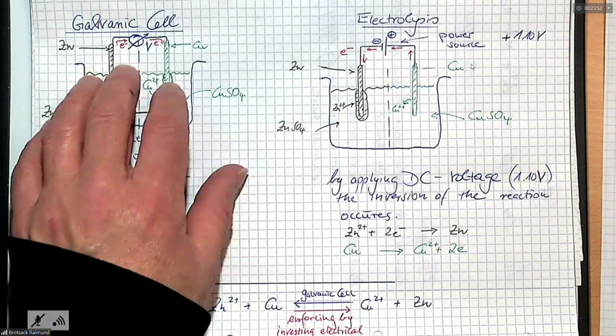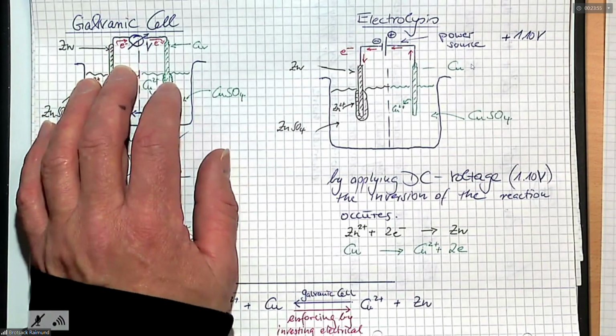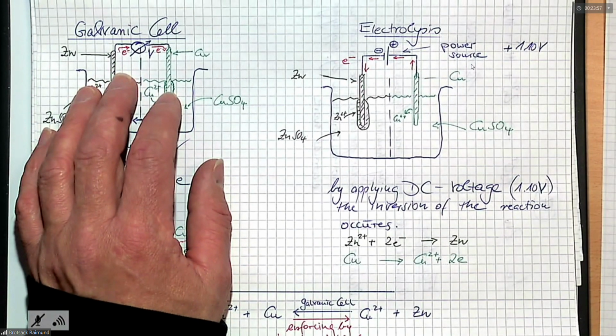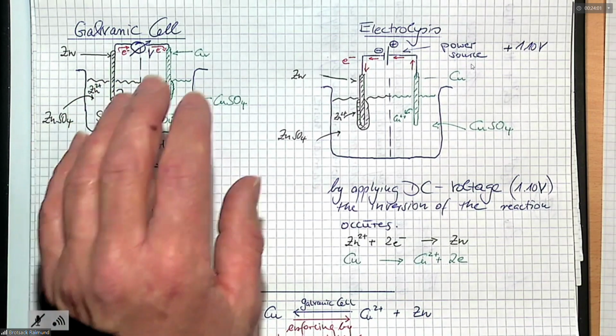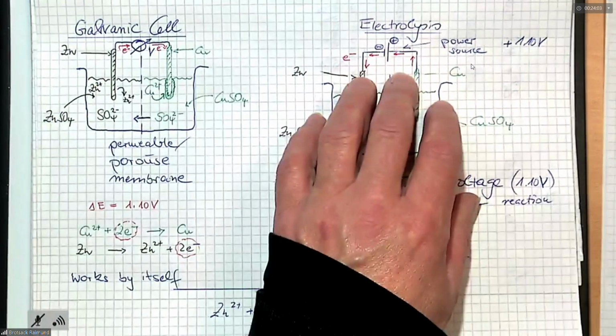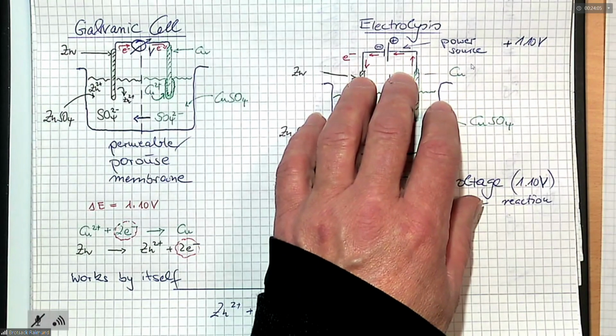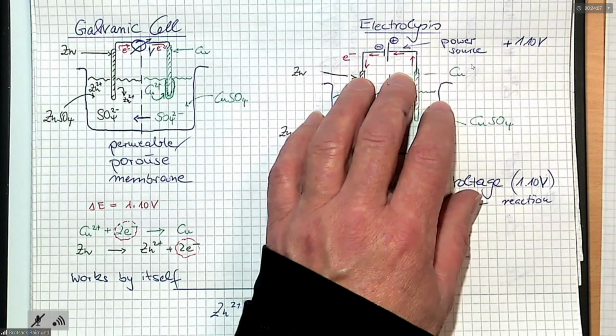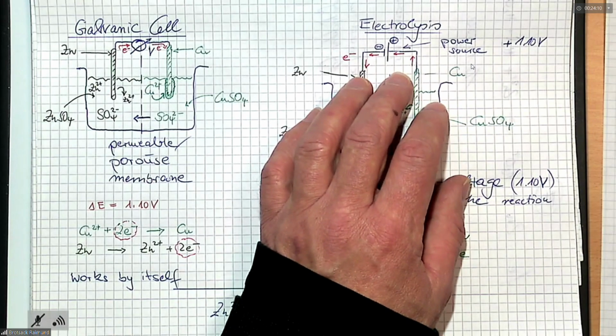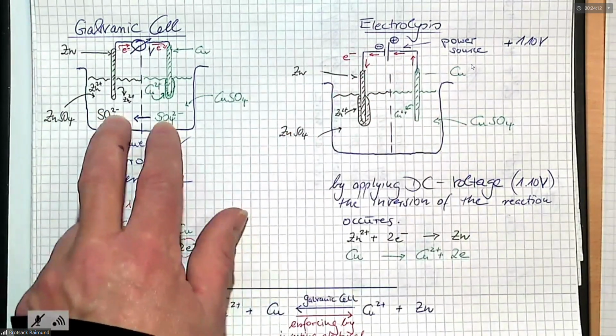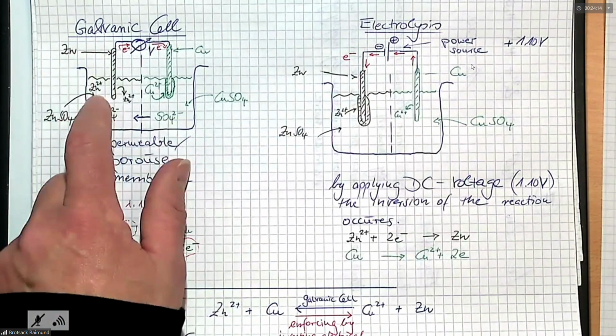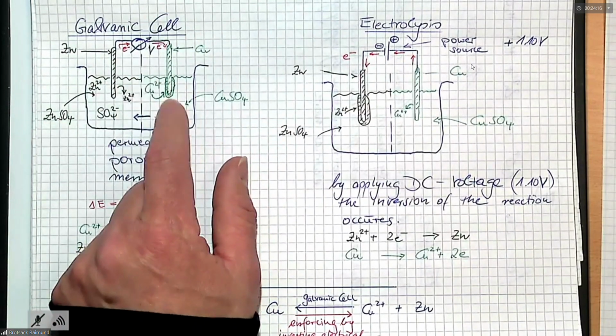So here we can produce electrical power out of chemicals. If we want to bring back the chemicals in the initial form, we have to invest power. Here we just have a system out of zinc and zinc 2 plus, copper and copper 2 plus.